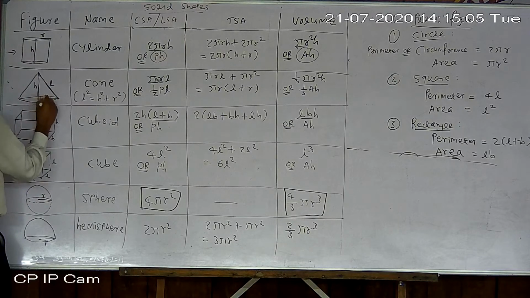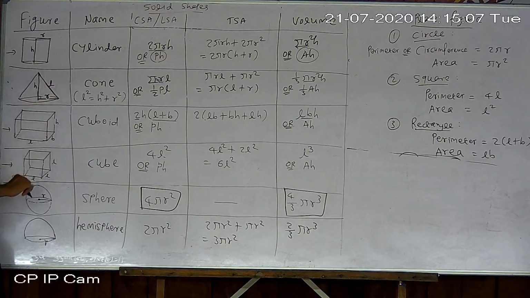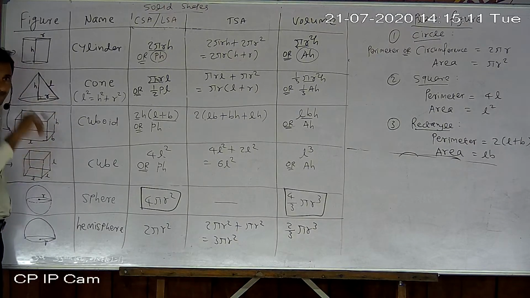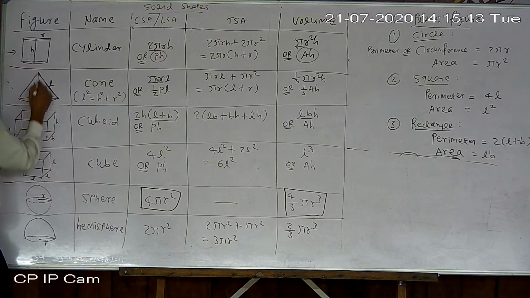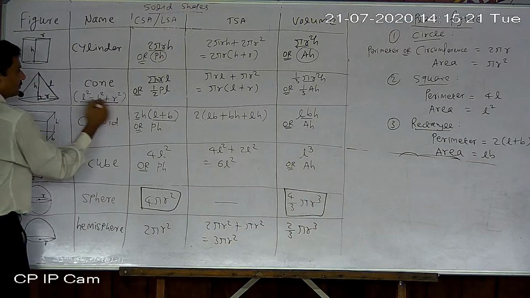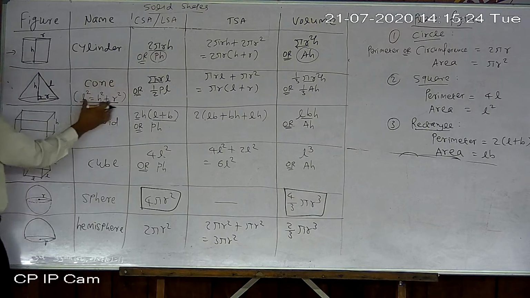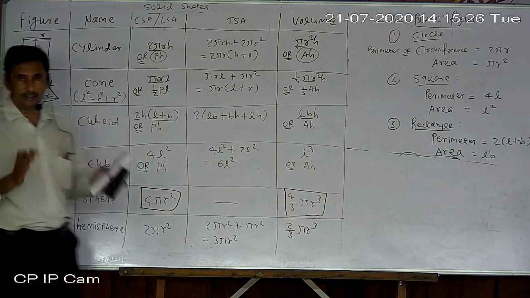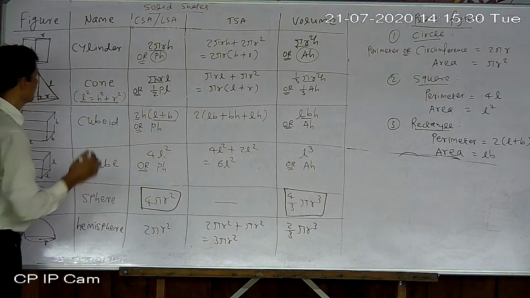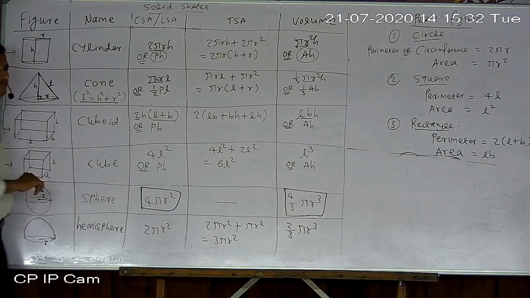Height, radius and slant height. L stands for slant height, not for length. Slant height. And they are related by the Pythagoras formula. Why? A right angle triangle is formed from here. That's why I have written one extra formula here, not CSA, TSA or volume. It's a formula relating all three variables. Okay? So L, S and R.